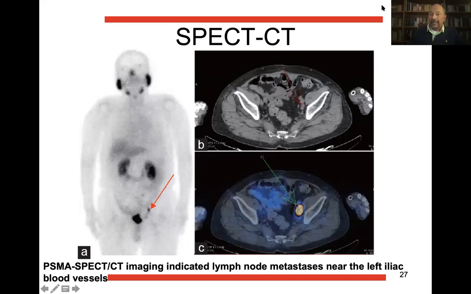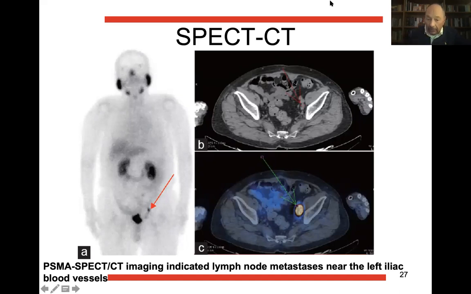This is a SPECT CT, so you can actually overlap your SPECT signal to the CT image. And eventually what you see here, this is PSMA SPECT CT imaging, indicating a lymph node metastasis near the left iliac blood vessel.